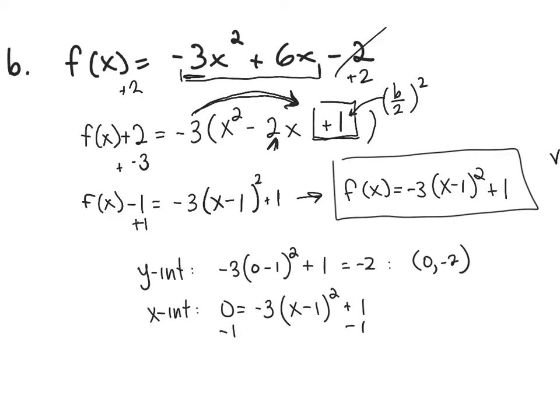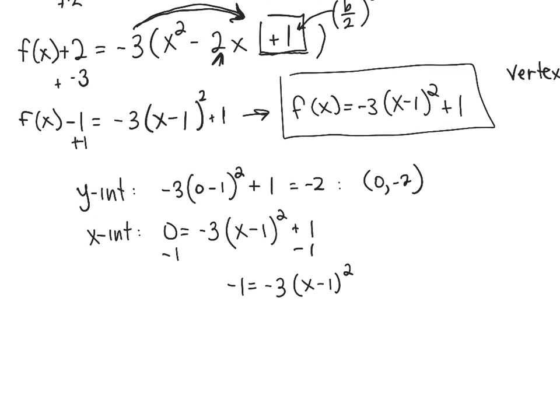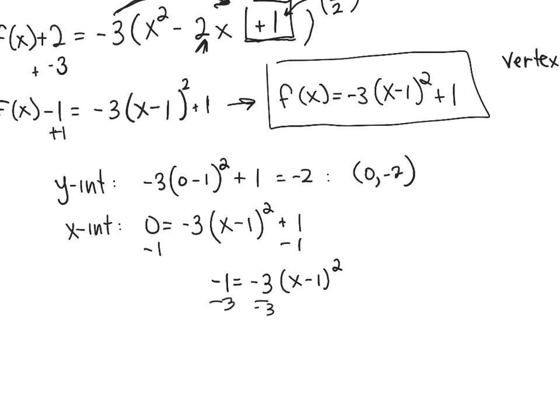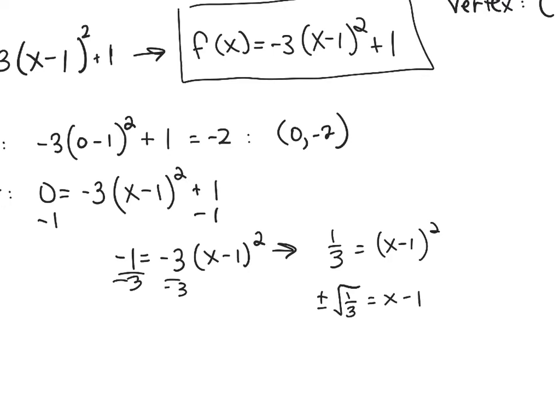So if we subtract 1, we get -1 equals -3 times x minus 1 squared, and then divide by -3, and we have 1/3 equals x minus 1 squared. Now we can square root both sides, and we have plus or minus square root of 1/3 equals x minus 1. And add 1, and we have x equals plus or minus square root of 1/3 plus 1.